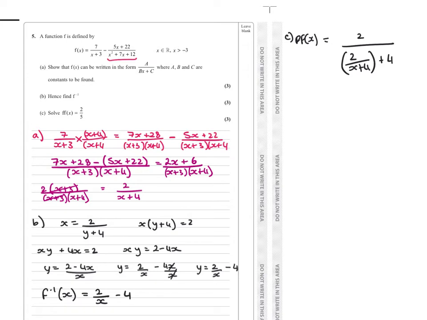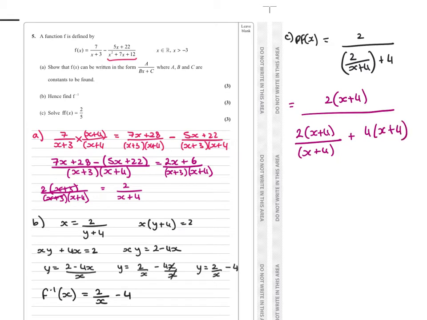Now I'm going to multiply every single term by x plus 4 because we have a denominator here that I want to get rid of. So if I multiply this by x plus 4, this by x plus 4, and this by x plus 4, we're still not changing the quantity of the equation. So I'm going to have 2 lots of x plus 4 over 2 lots of x plus 4 over x plus 4 plus 4 lots of x plus 4.